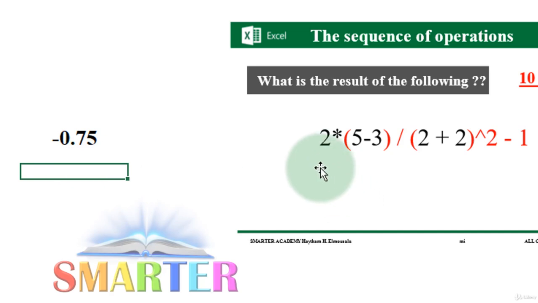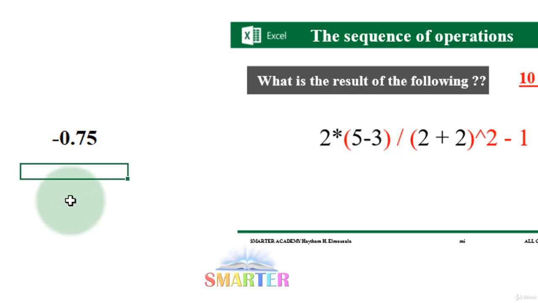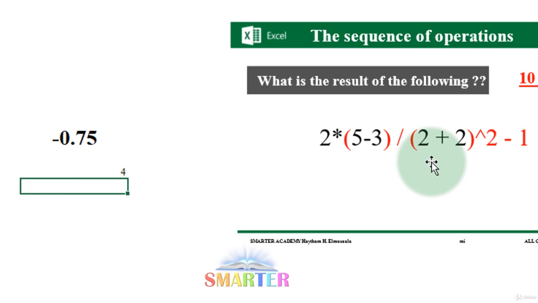Okay, let's track the execution of this equation step by step. So parentheses give priority to the subtraction operation. So 5 minus 3 is the first thing, multiplied by 2. So the result will be 4. This is the first term on the left hand side.